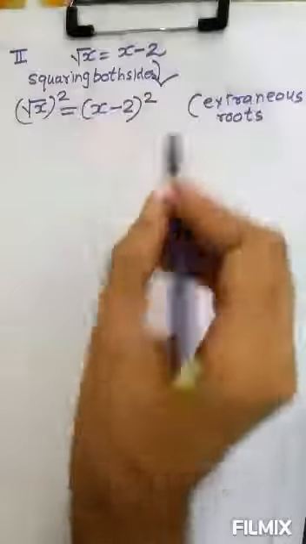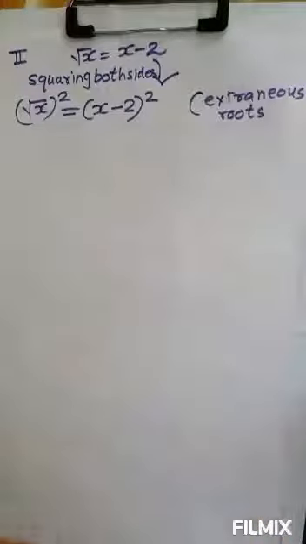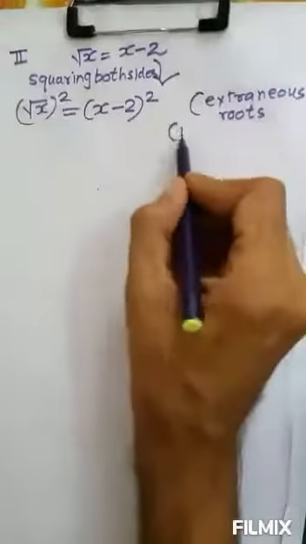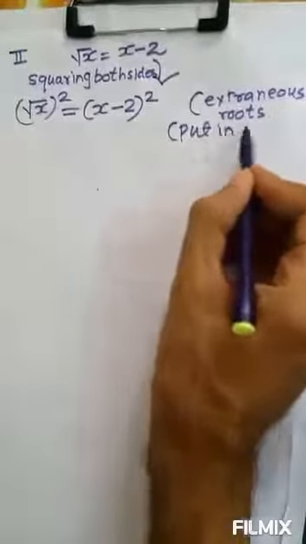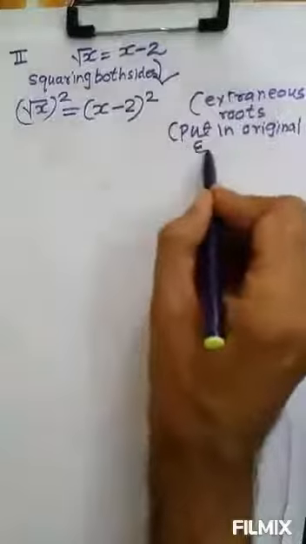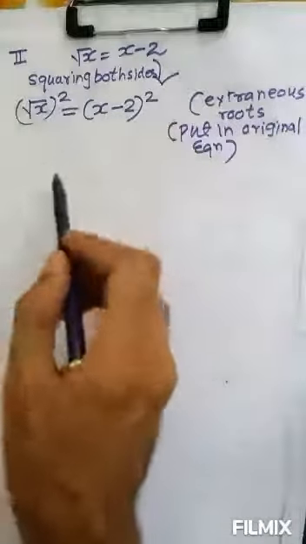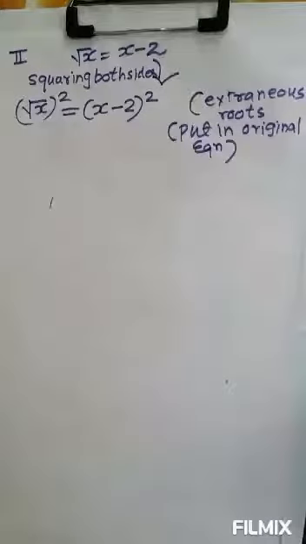To check if they are actual roots or extraneous roots, whatever answers we get after solving, we have to put in the original equation. Squaring is recommended only when it is necessary.